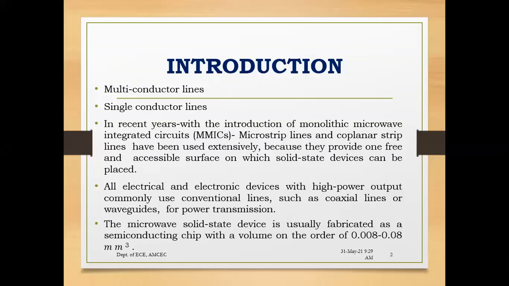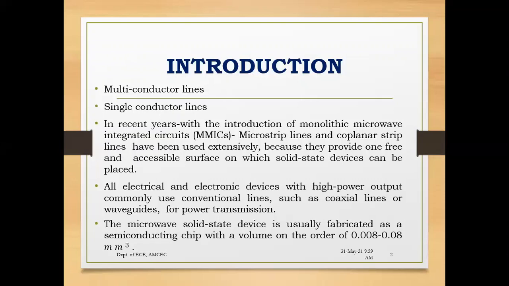When you come to multi-conductor lines, it has the combination of both transverse electric and transverse magnetic, so it is called TEM. In single conductors, the mode is transverse electric as well as transverse magnetic, but not a combination of both. Which means that in waveguides, which are single conductors, there will not be TEM wave existence.